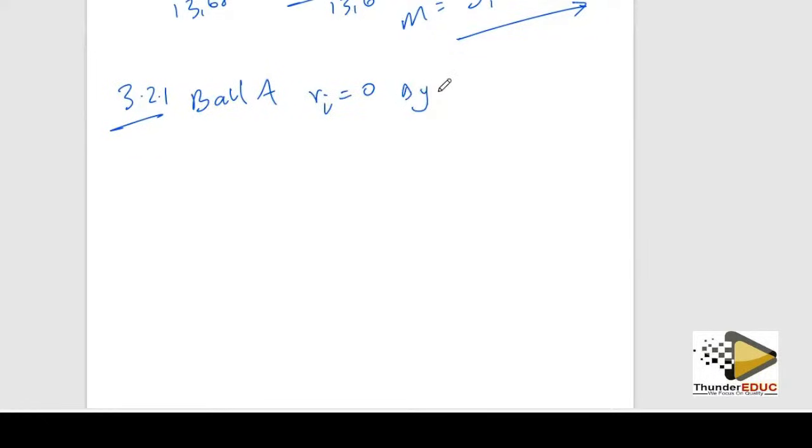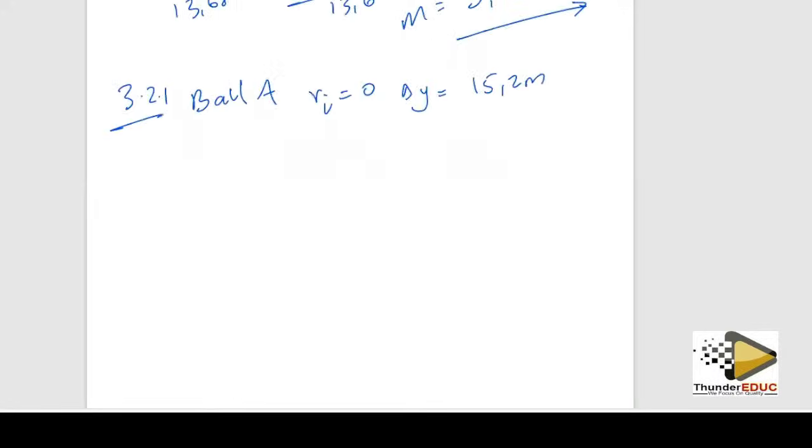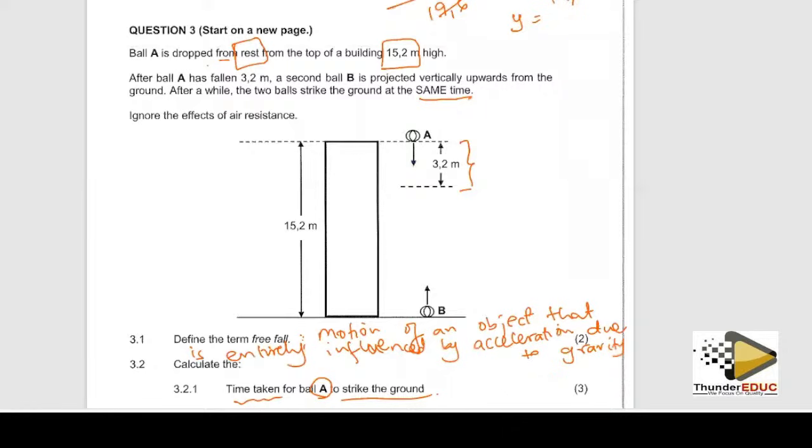The displacement that it must go through is 15.2 meters. Okay, is there any other information that was given? They want us to find the time. Okay, that is what we need. We don't know the final velocity.